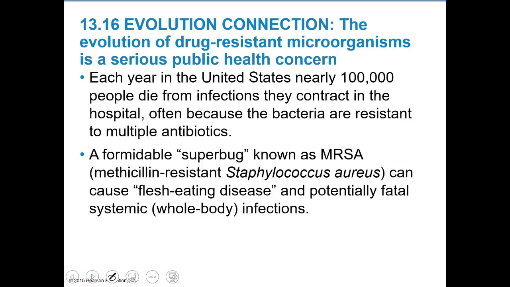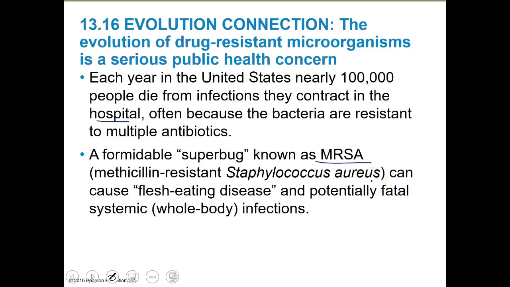Each year in the U.S., nearly 100,000 people die from infections they contract in a hospital. The hospital is like the worst place, often because the bacteria are resistant to multiple antibiotics. An example is the superbug MRSA, methicillin-resistant Staphylococcus aureus.